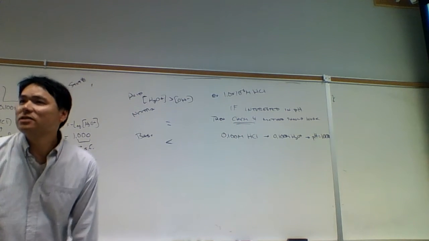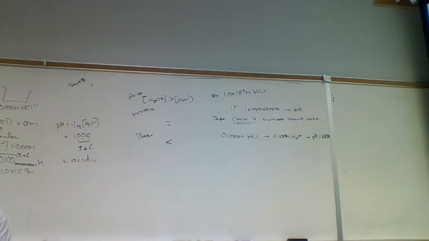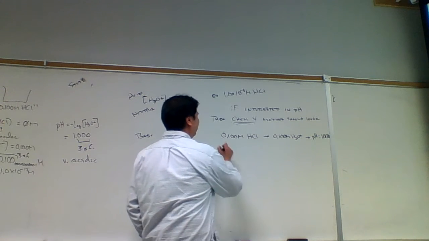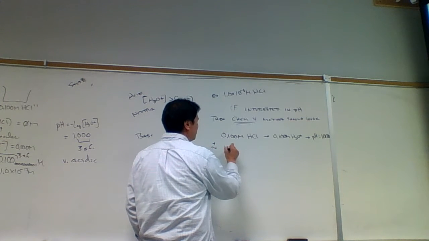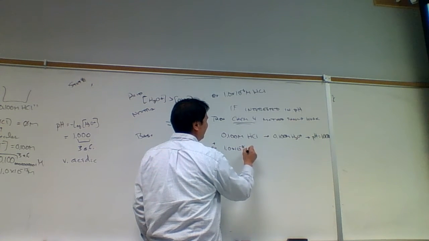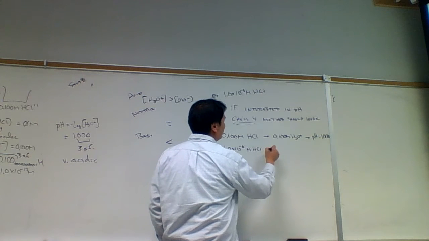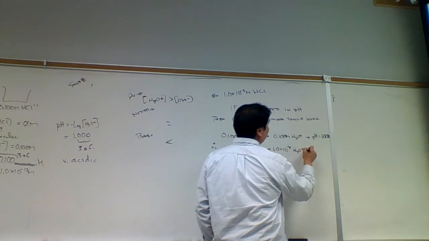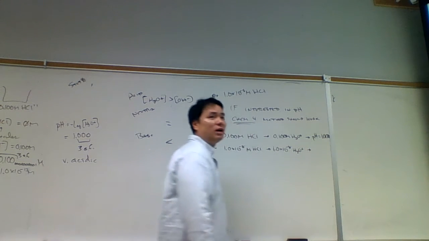All right, wasn't that just a lot easier? But therefore, a 1.0 times 10 to the minus 8 molar HCl solution should give us 1.0 times 10 to the minus 8 molar hydronium, which should result in a pH of what?